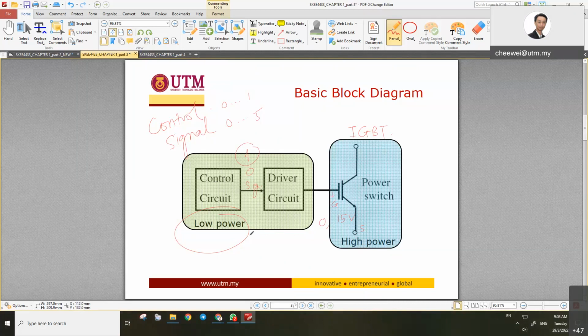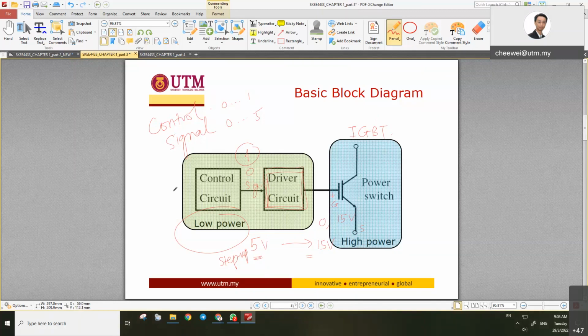I must step up the 5 volts into 15 volts. Who is doing the work of changing 5 volts to 15 volts so that this power switch IGBT can turn on? The driver circuit. This driver circuit is converting 5 volts into 15 volts for me.